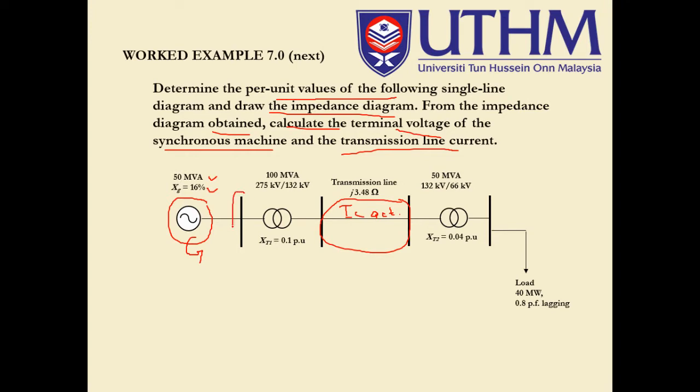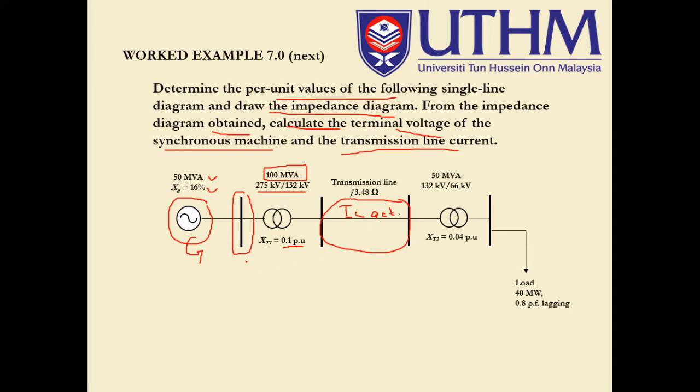This is the bus bar, and then we move to transformer number 1 with impedance of 0.1 pu. Here again we have the apparent power S, the power rating of the transformer, as well as the voltage ratio. From here, we can see this is a step down transformer. Then we move to the transmission line.